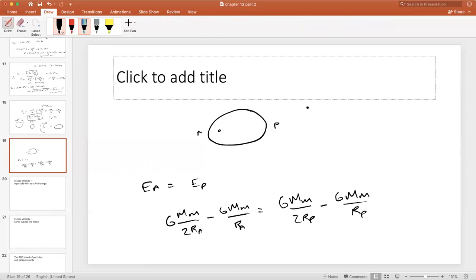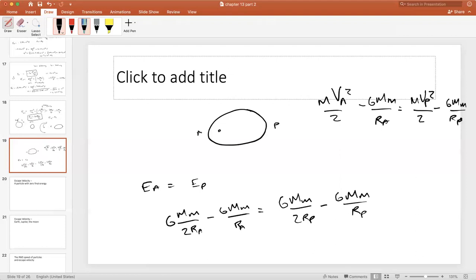But a better way to see this is that this is M VA squared over 2 minus G M M, that's the mass of the Earth, over RA, is equal to M VP squared over 2 minus G M M over RP.